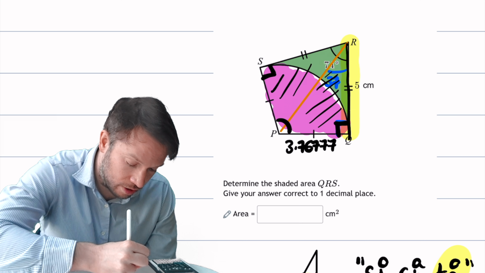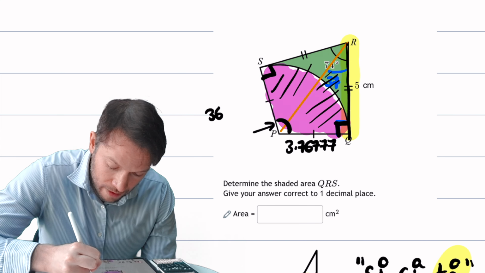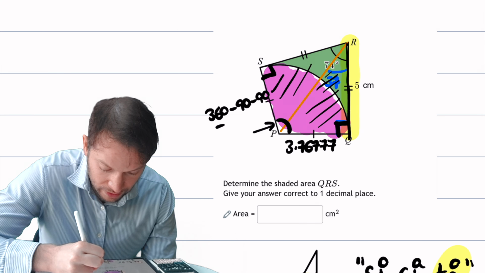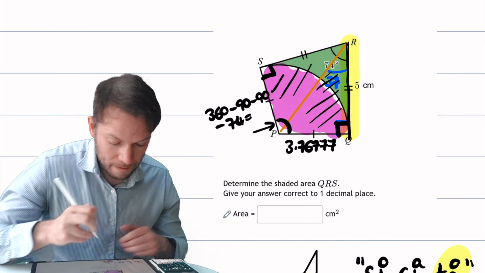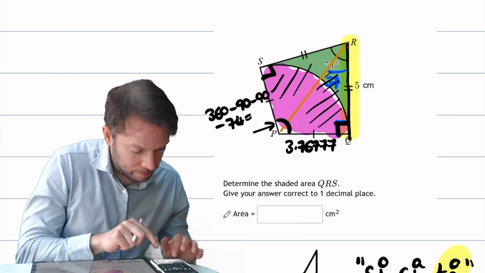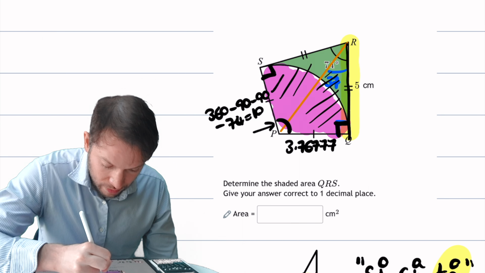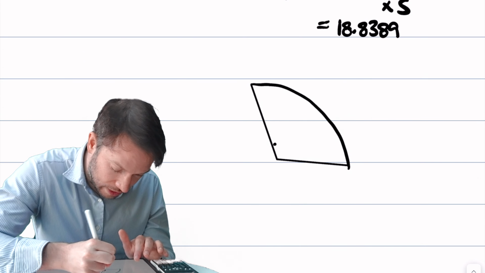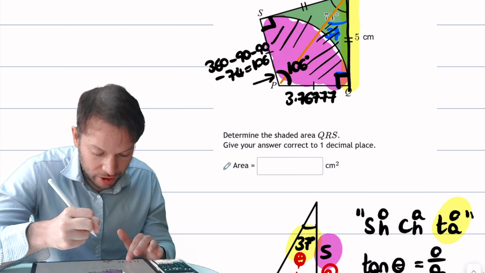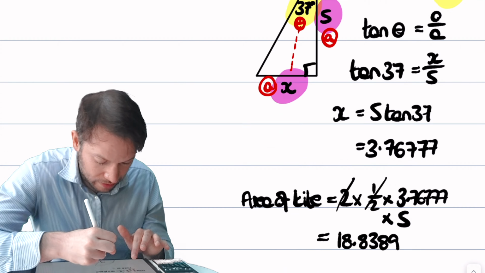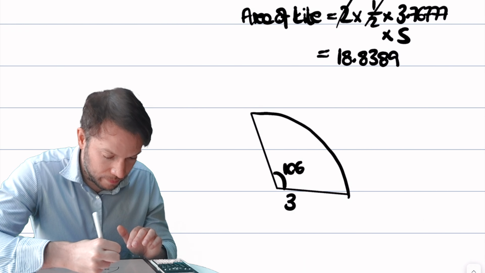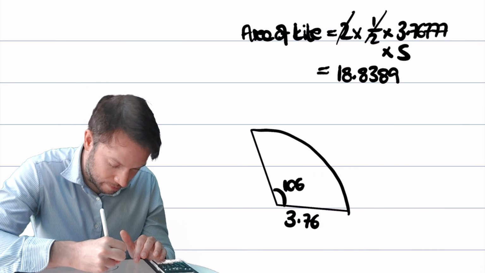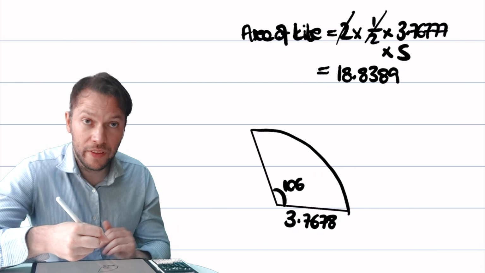So if we do 360, subtract 90, and then subtract the 74, that gives you 106. So this angle here is 106 degrees. And we also know the radius of the sector, it's 3.7678 will do.